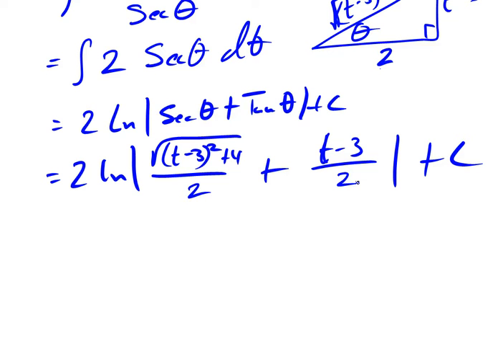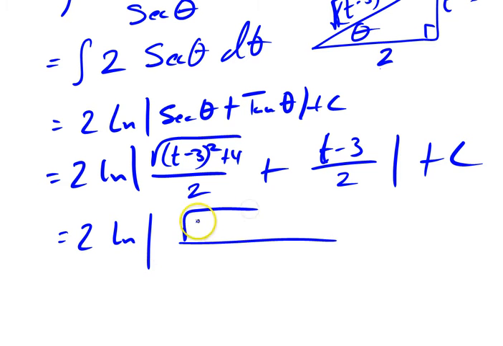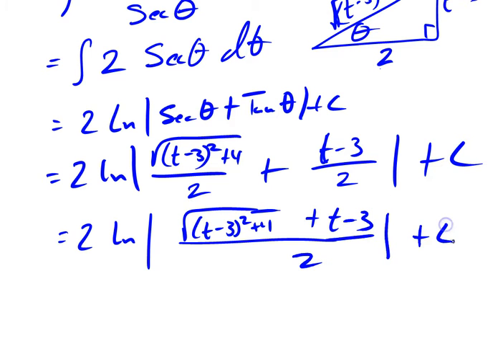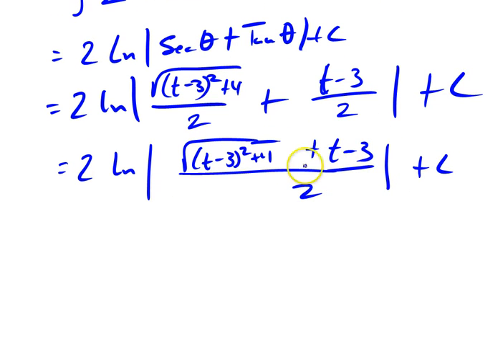And notice what happens here: inside here, there's a sum of two fractions. They have a common denominator. So this is 2 times the natural log of the absolute value of just one fraction here, which would be the square root of t minus 3 squared plus 4 plus t minus 3 all over 2. And then they notice that this is the log of a quotient.